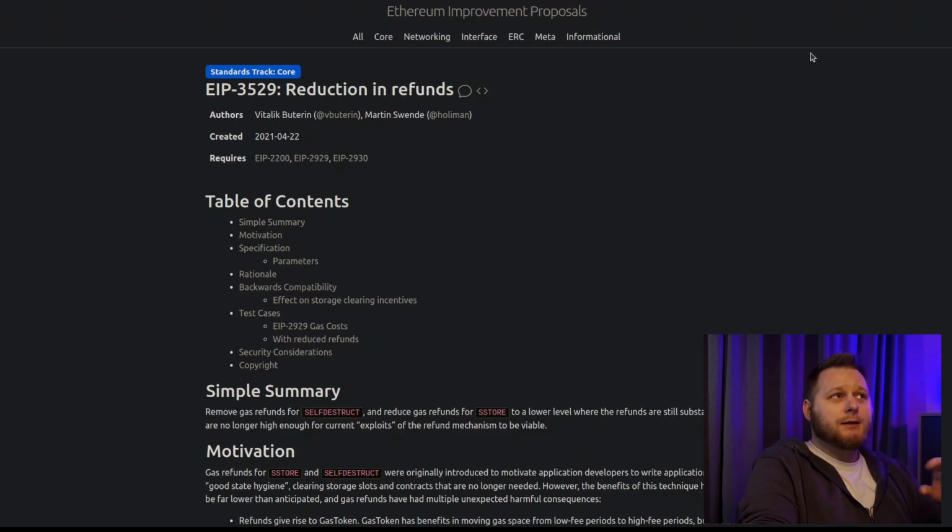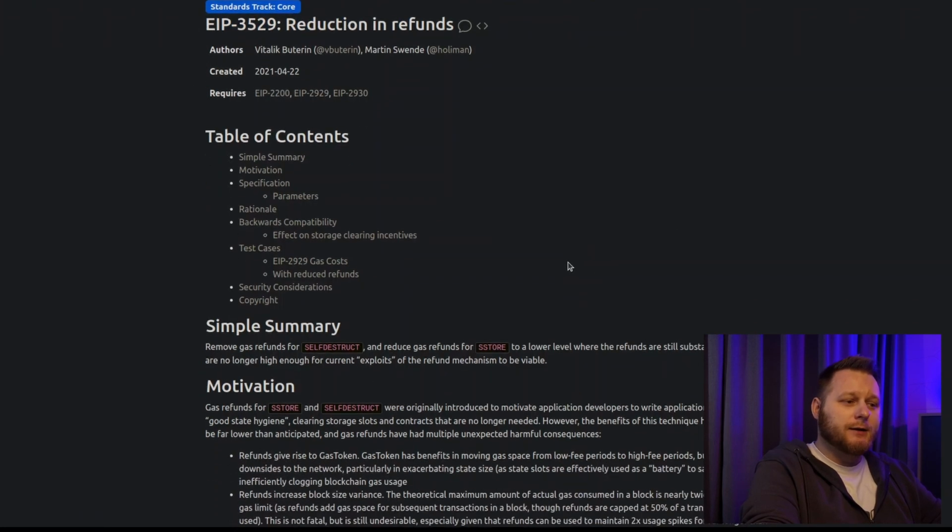It means that their trades were more profitable. There were even some gas tokens like CHI created by 1inch. But from what I know, right now the CHI token is valueless. No one is using it because of EIP 3529.